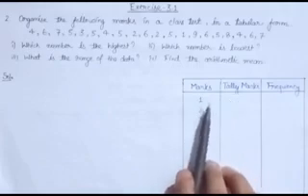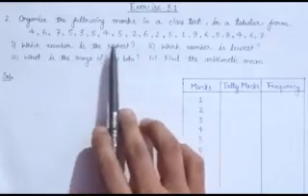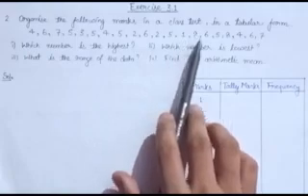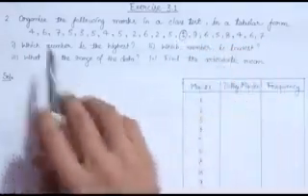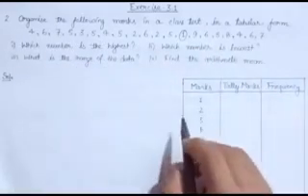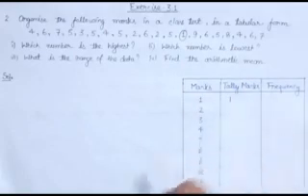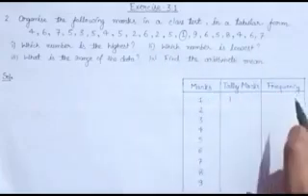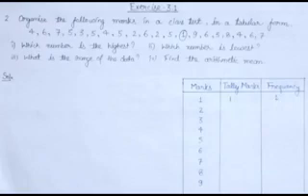So let us see. So in this data you can see that 1 has occurred here, here is the 1. Now you can see there is only 1. So tally marks corresponding to 1 is 1. As 1 has occurred in this data only 1 time, so the frequency is also 1. Okay.